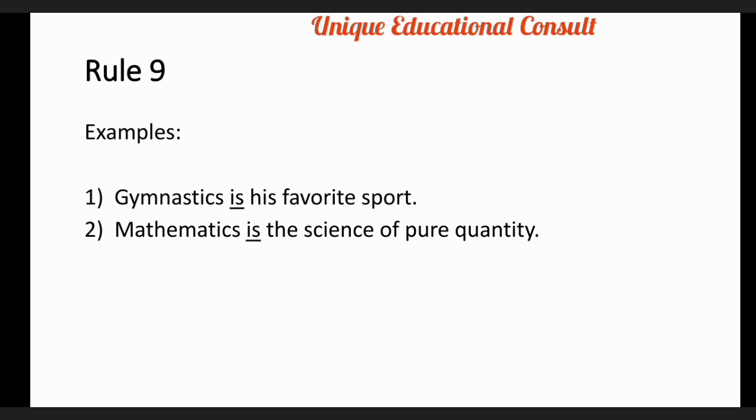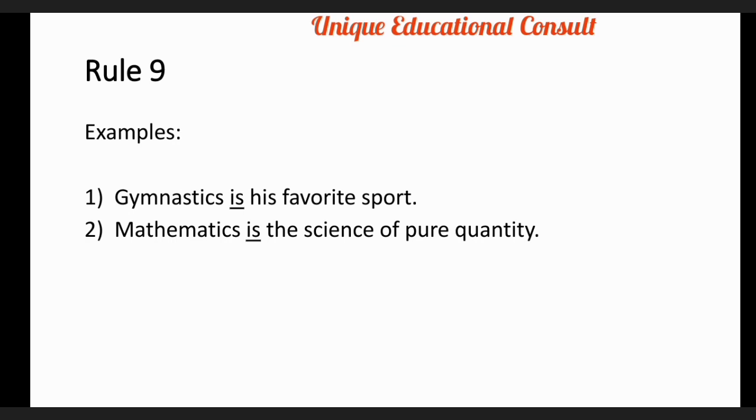Gymnastics, we have S there. Gymnastics is his favorite sport. We have is as a singular verb, not minding the S with the word gymnastics. Another one is: mathematics, with S as well, is the science of pure quantity. Not minding the S, we have a singular verb there as well. That is how the rule states.